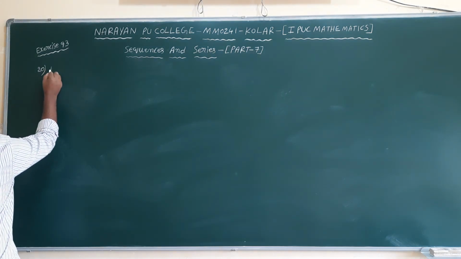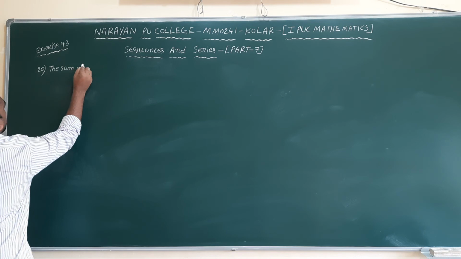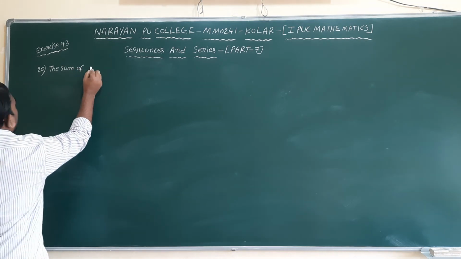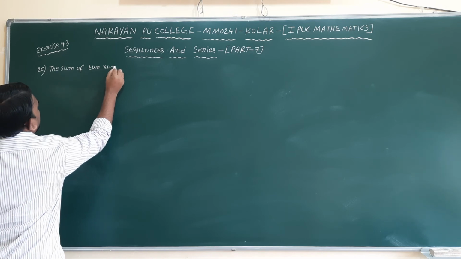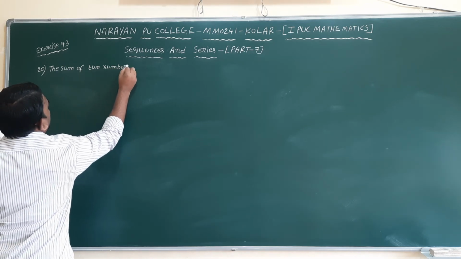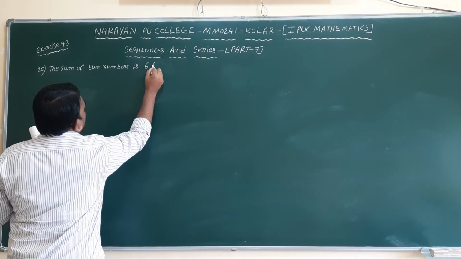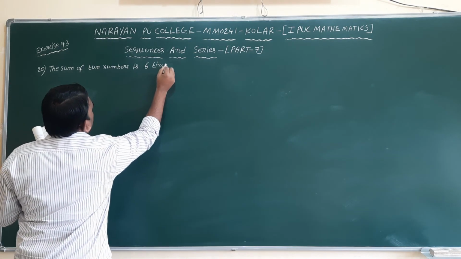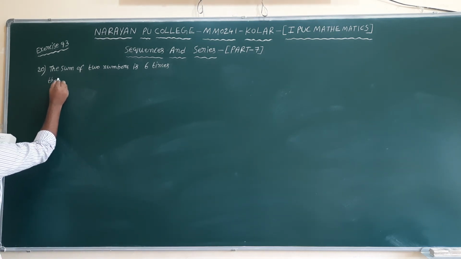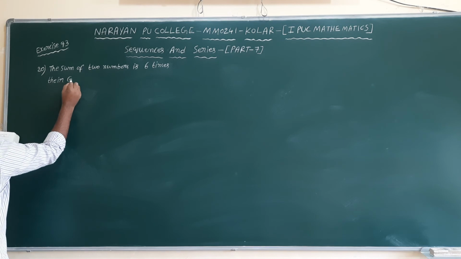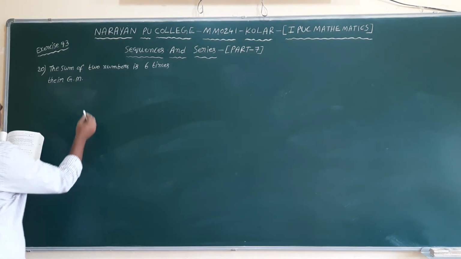The sum of two numbers is 6 times their geometric mean. Their geometric mean means GM.